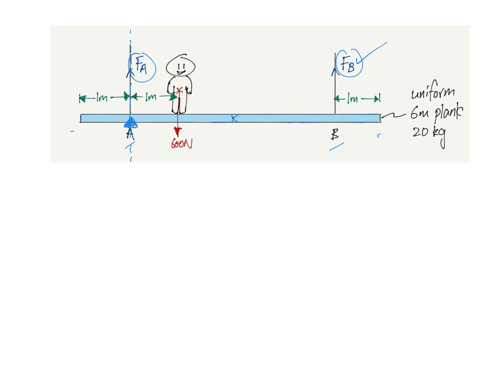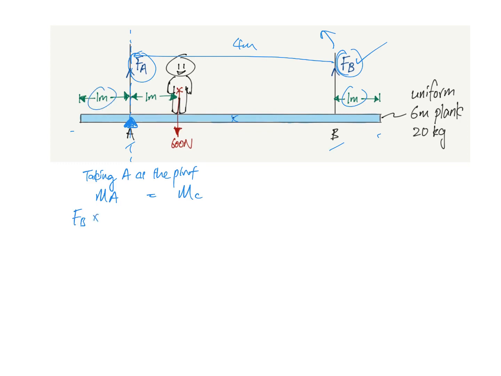So let's start solving this, taking A as the pivot. I apply total anti-clockwise moment equals clockwise moment. Right now, FB is creating an anti-clockwise moment, and the distance from FB to the pivot is 4 meters, because the whole thing is 6 meters and the two ends are 1 meter. So FB times 4 is all for anti-clockwise.